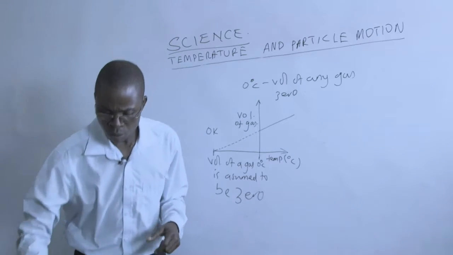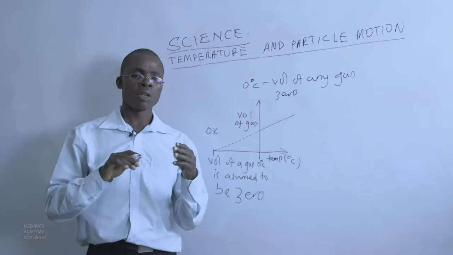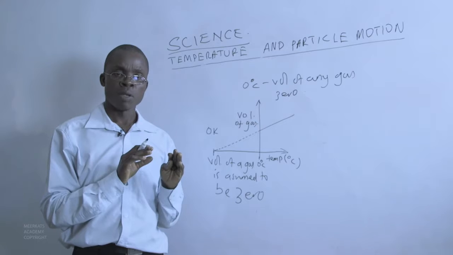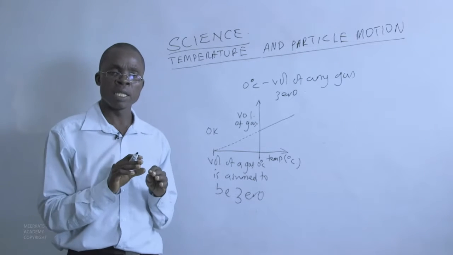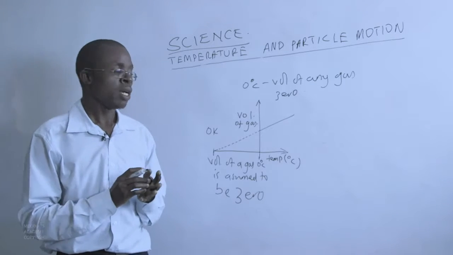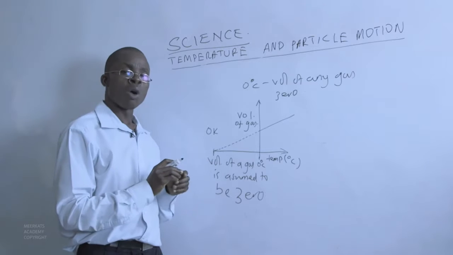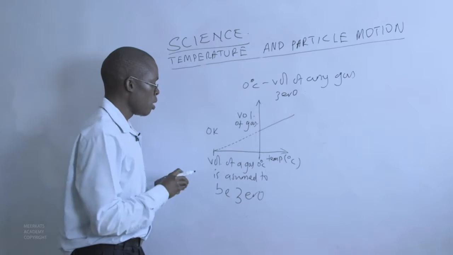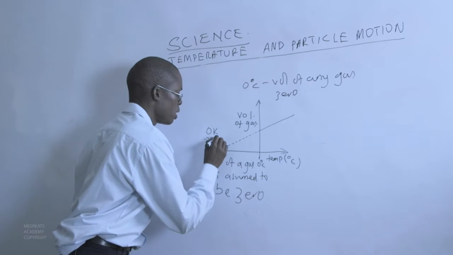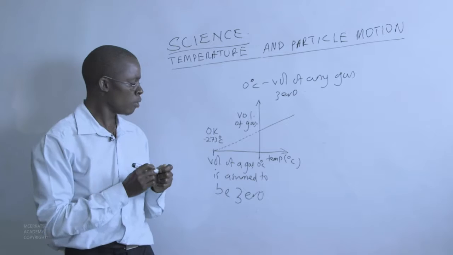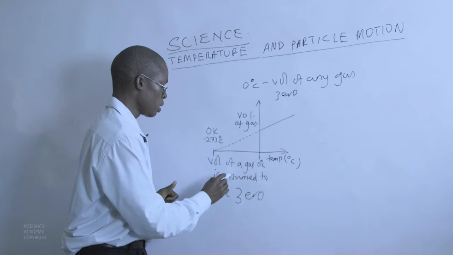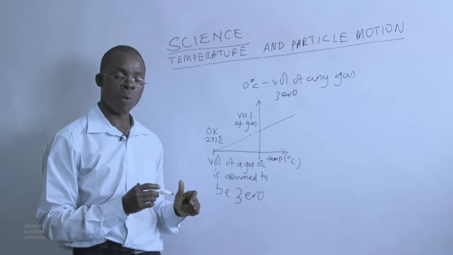Now, using the kinetic theory of matter, using temperature, which takes us to kinetic energy, and which takes us to how fast particles move, let's see how we can explain why at this temperature, which in the Celsius scale is negative 273 degrees centigrade, the volume is assumed to be 0. Why?